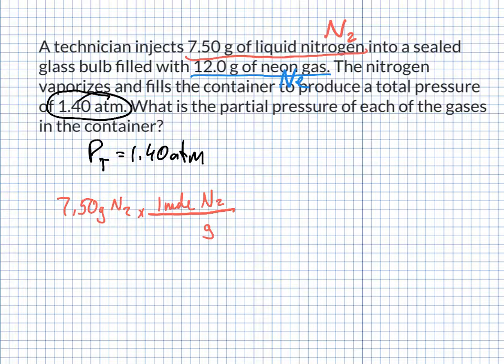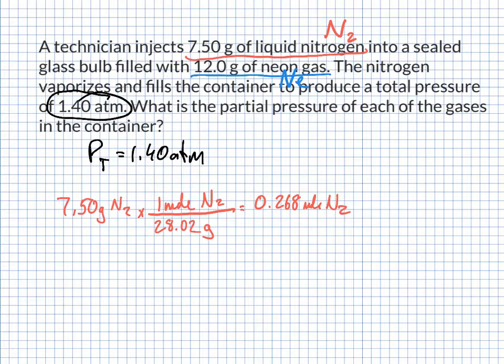Using the molar mass. So N2, each nitrogen is 14.01, so two of them together is 28.02. And I'm going to divide those two things. It's going to give me three significant figures, so 0.268 moles of N2.